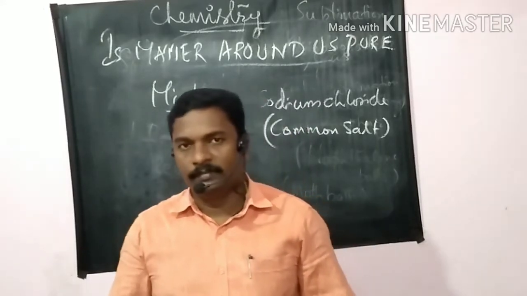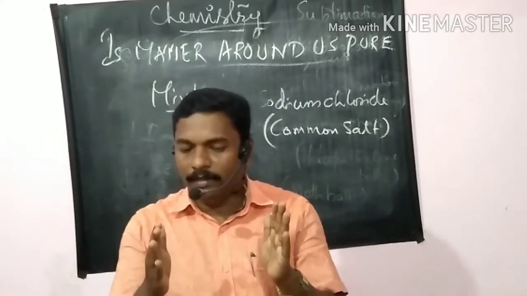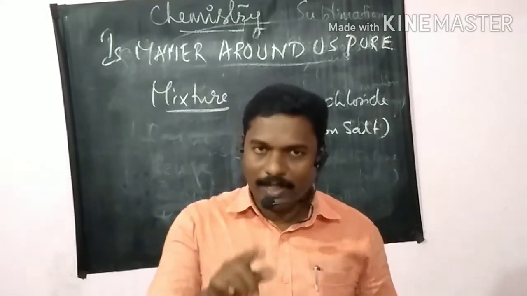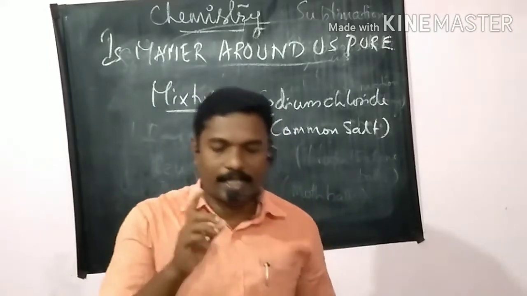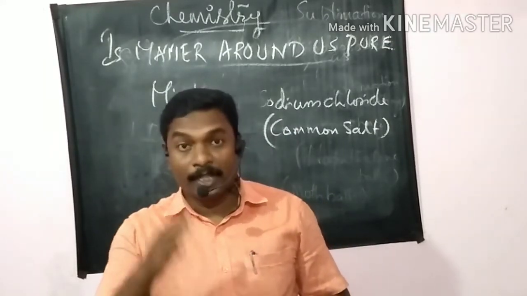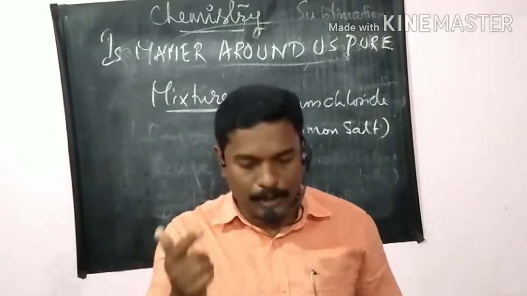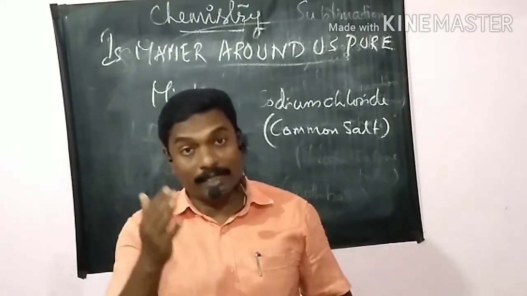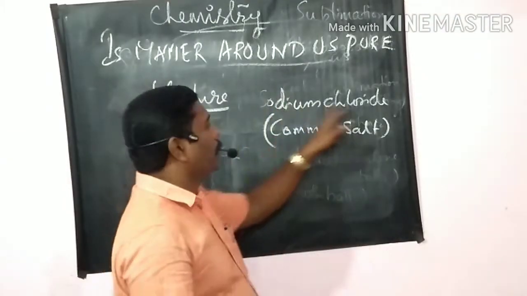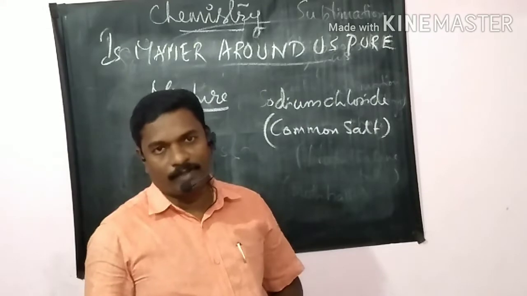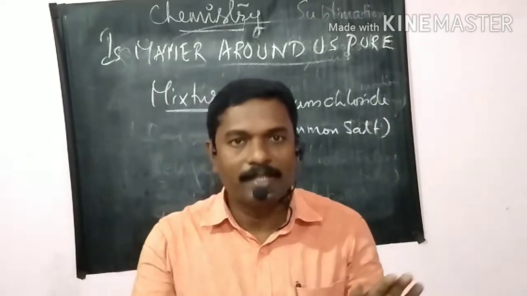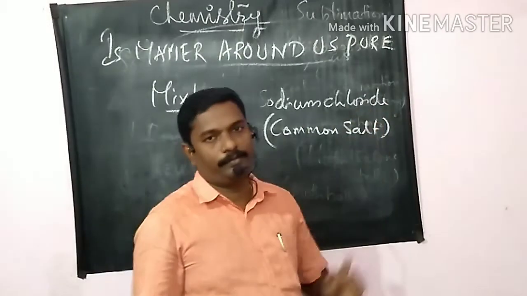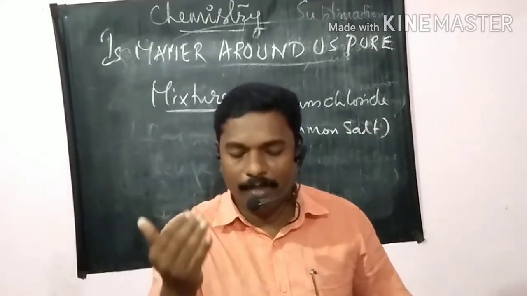However, sodium chloride is itself a substance and cannot be separated by physical processes into its chemical constituents. What are the chemical constituents here? Sodium and chlorine. By physical processes we can't separate sodium chloride into sodium and chlorine. But we need some chemical methods.